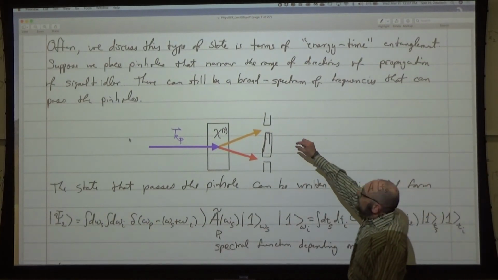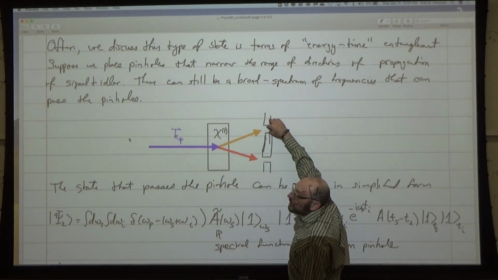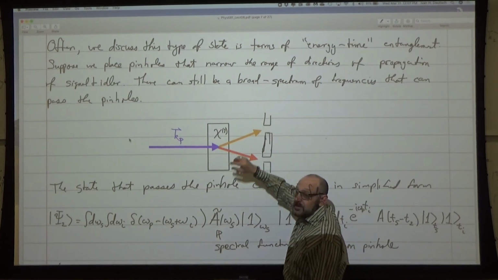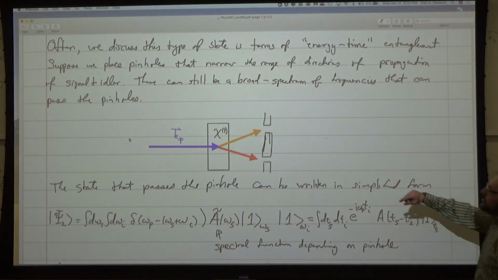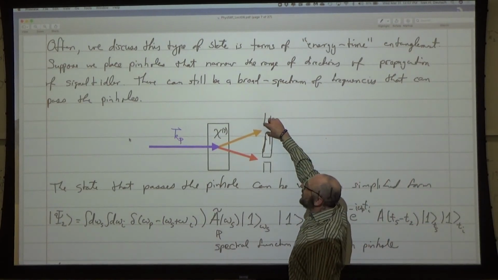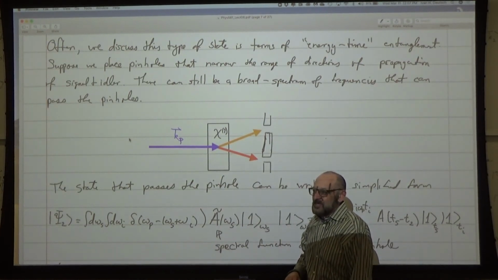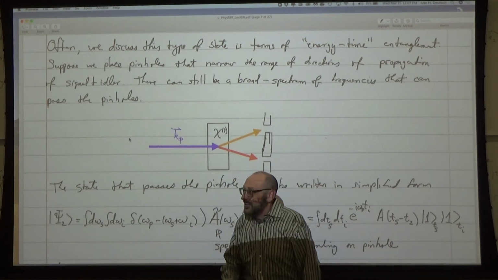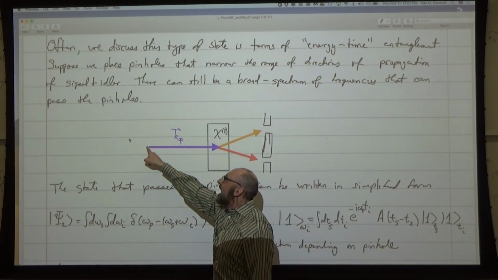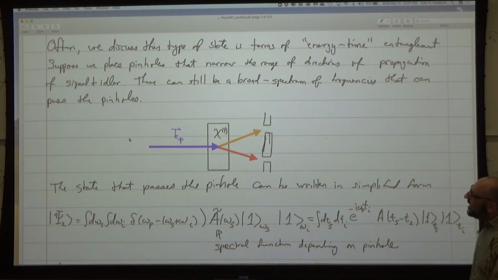There'll be some spread in frequency because of whatever the pinhole is, but it could be a pretty big spread of frequencies. Which is to say, each photon is very highly polychromatic. But its sum is definite if this is a very highly monochromatic pump. Okay? And that gives us a kind of entanglement.